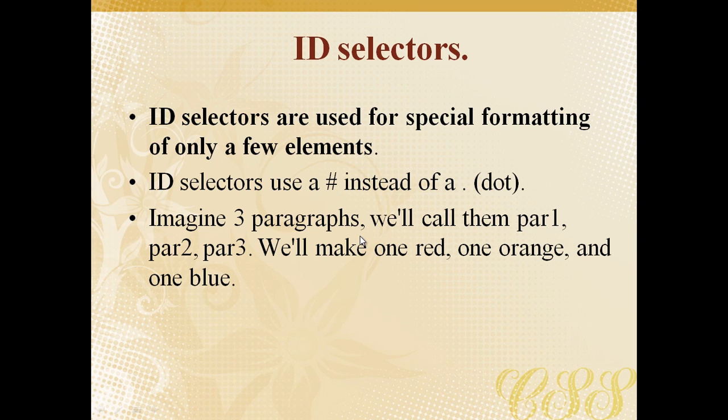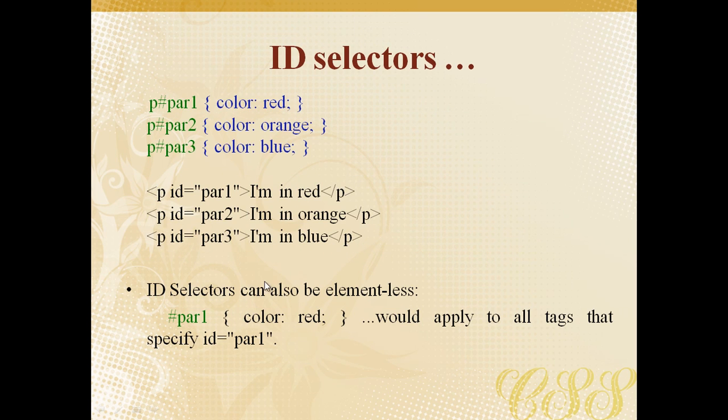So imagine 3 paragraphs, we'll call them par1, par2, par3. We will make one red, one orange and one blue. So this is p hash par1 color colon red, p hash par2 color colon orange and so on. So here is how we use this par with this ID.